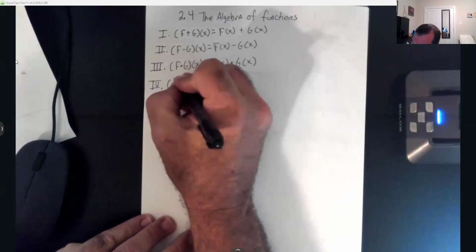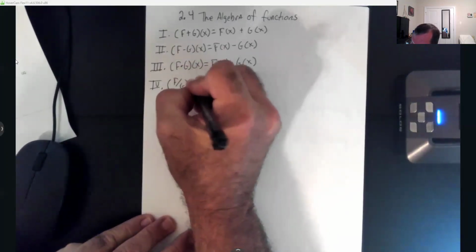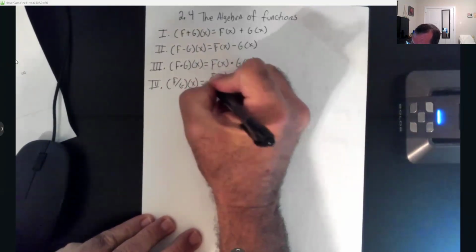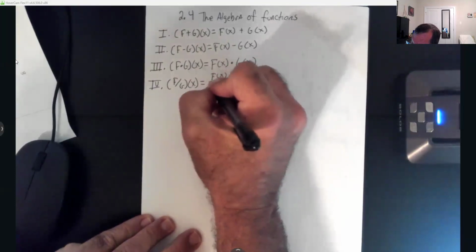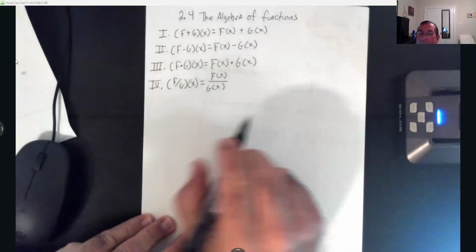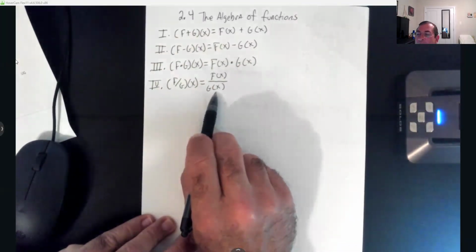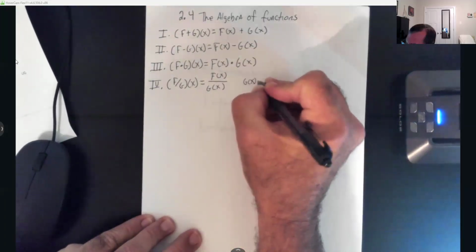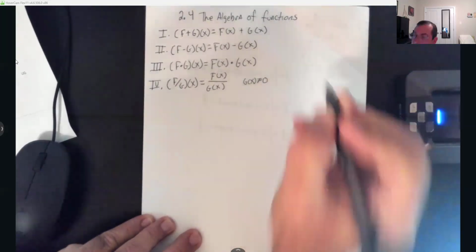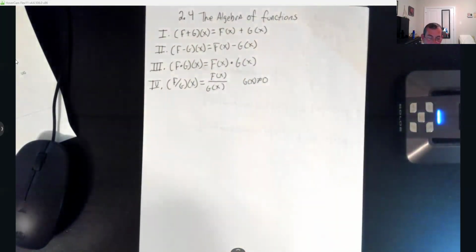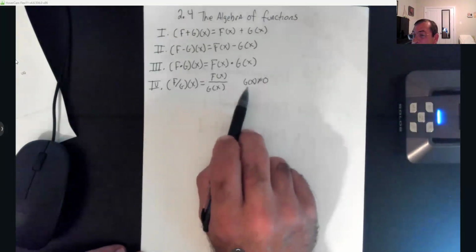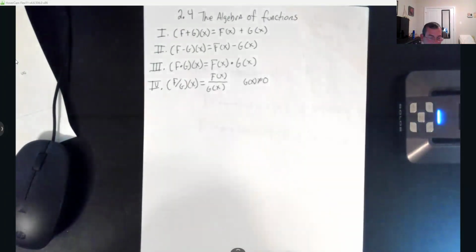So this one will be f divided by g of x. That's going to equal my f of x divided by my g of x. But y'all, what can g of x not equal? 0. So remember that g of x on fractions cannot equal 0, okay? So now that y'all know about fractional domains, y'all have always got to remember that about the 0, okay?